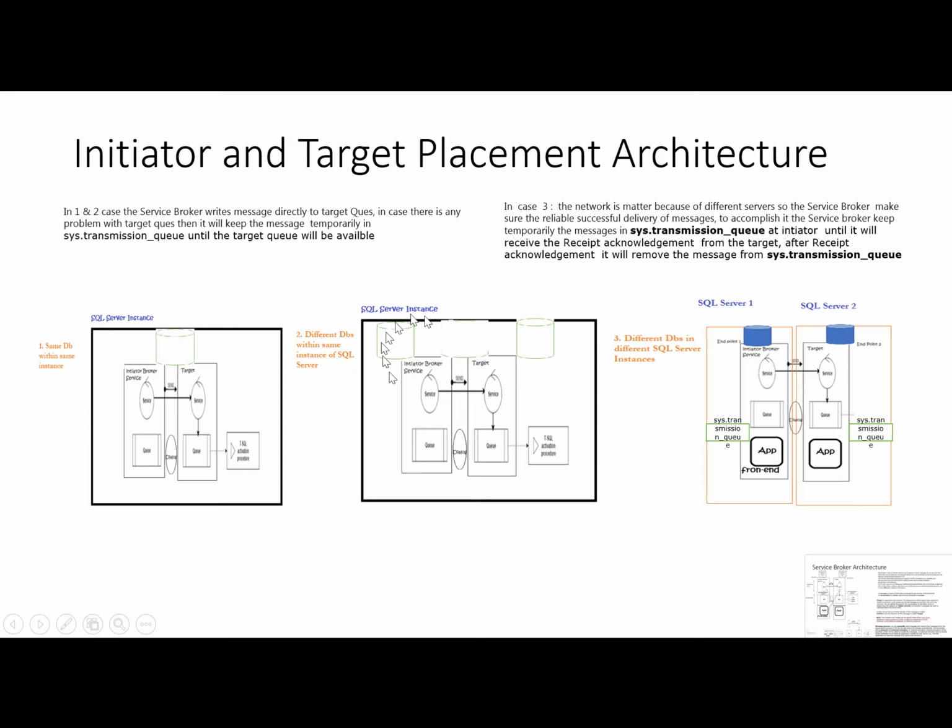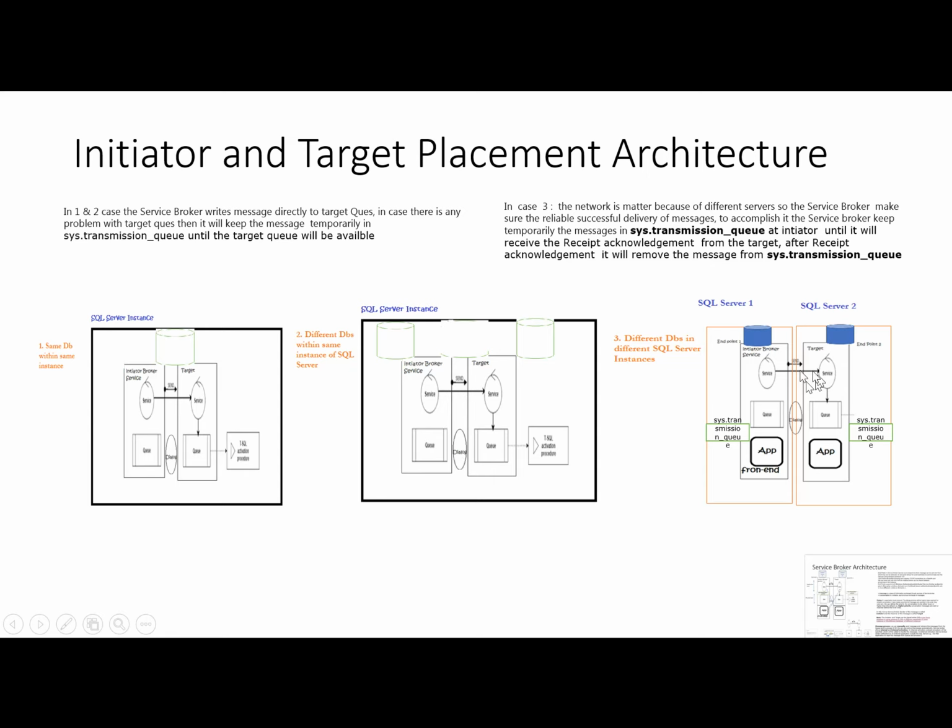So this is the difference between the first two scenarios and the third scenario. In the first two scenarios, the sys.transmission_queue can also be used if the message is sent to the target queue and the target queue has some problem. It's not initiated, it's not working, or there is some error, then the message may also be stored temporarily.